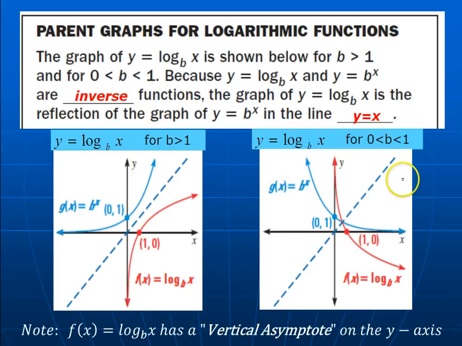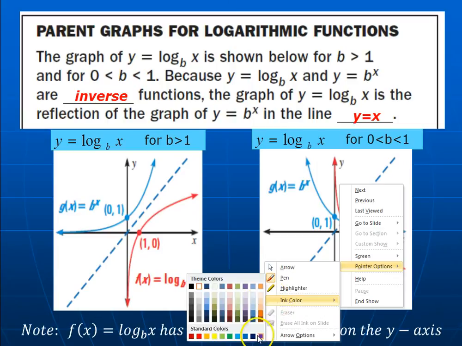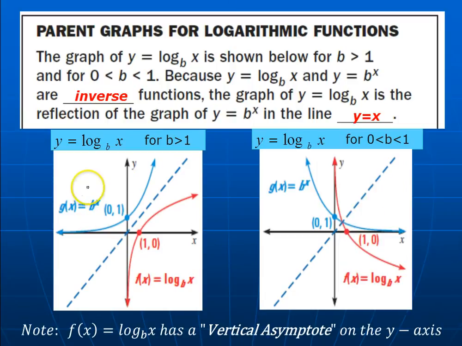So I've got a couple things to recognize here. First thing is that the blue is my growth, and this one is for when b is greater than 1, so this is my growth. And this one over here is for when b is between 0 and 1, so this one would be my decay.